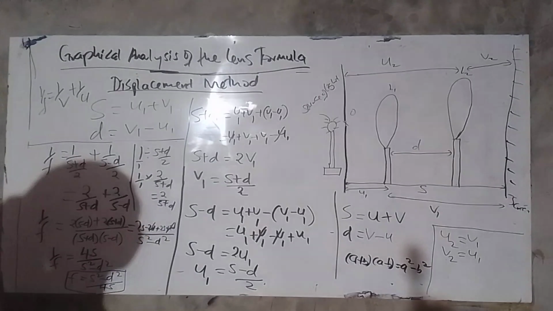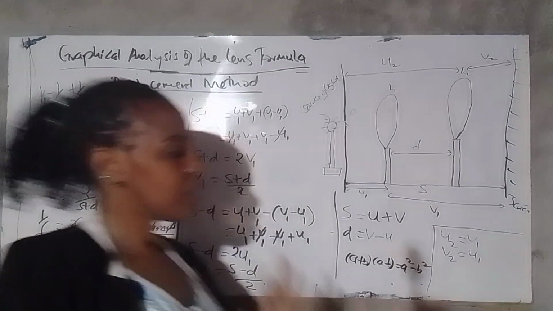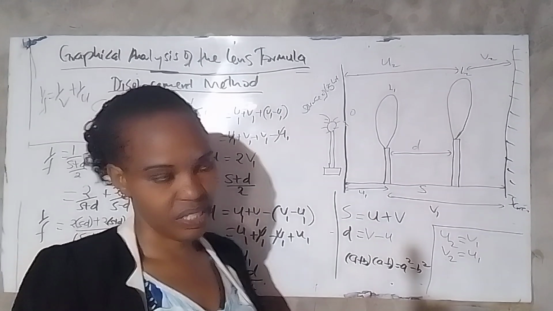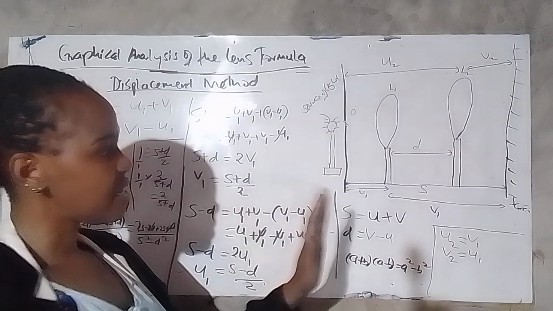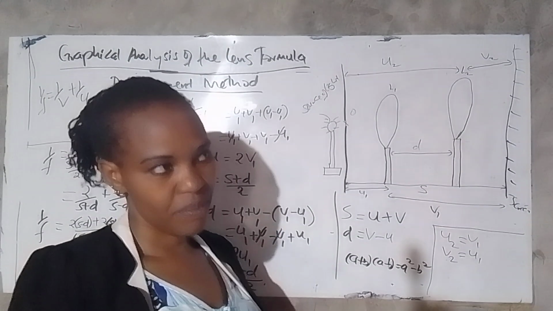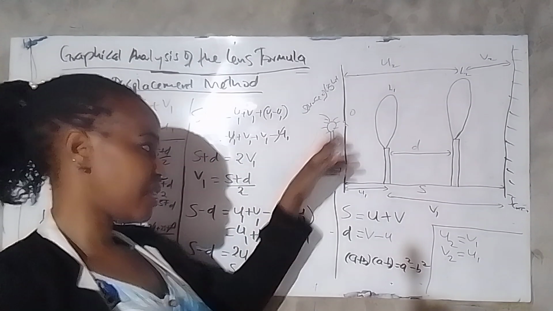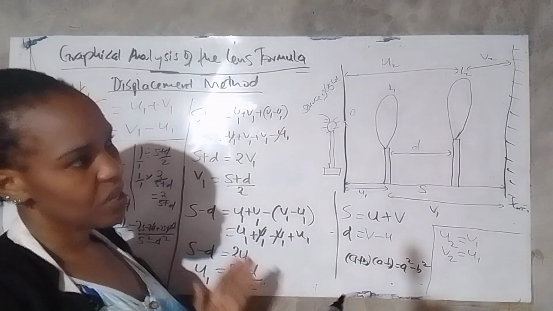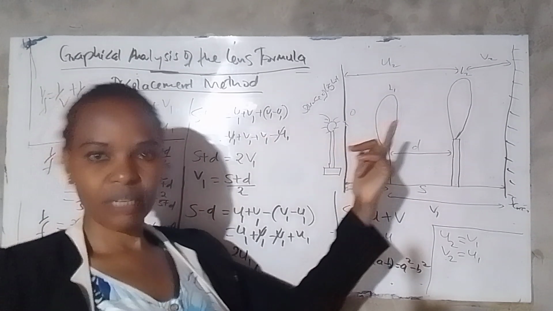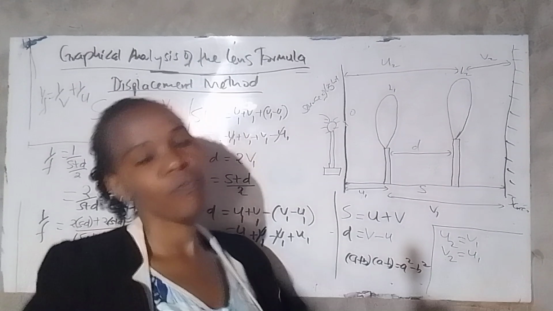We simply measure the distance from the object to the screen. We call that distance s, which is object distance plus image distance. Then we vary the lens position so that we form two different images. One is a magnified image, when the object is between f and 2f, on the screen behind the 2f of our lens.